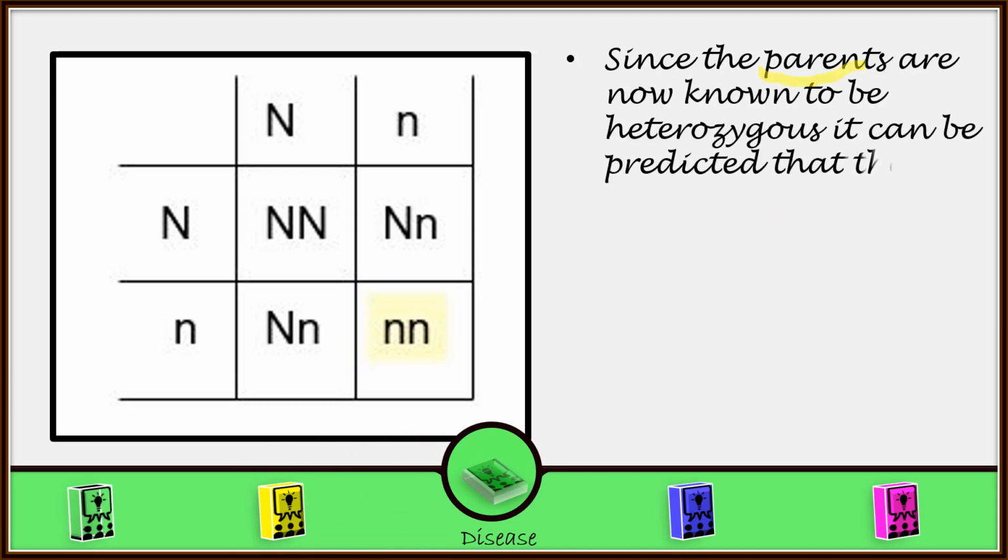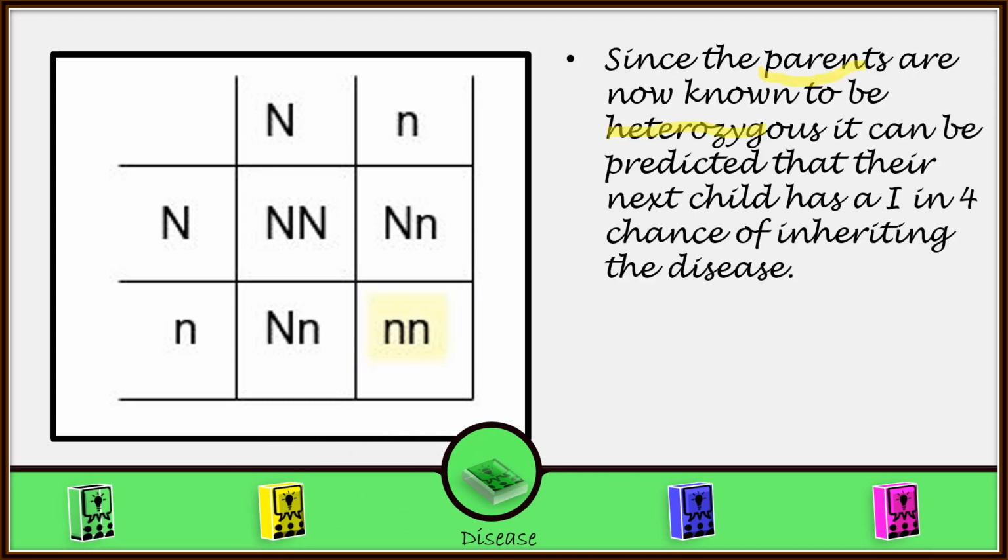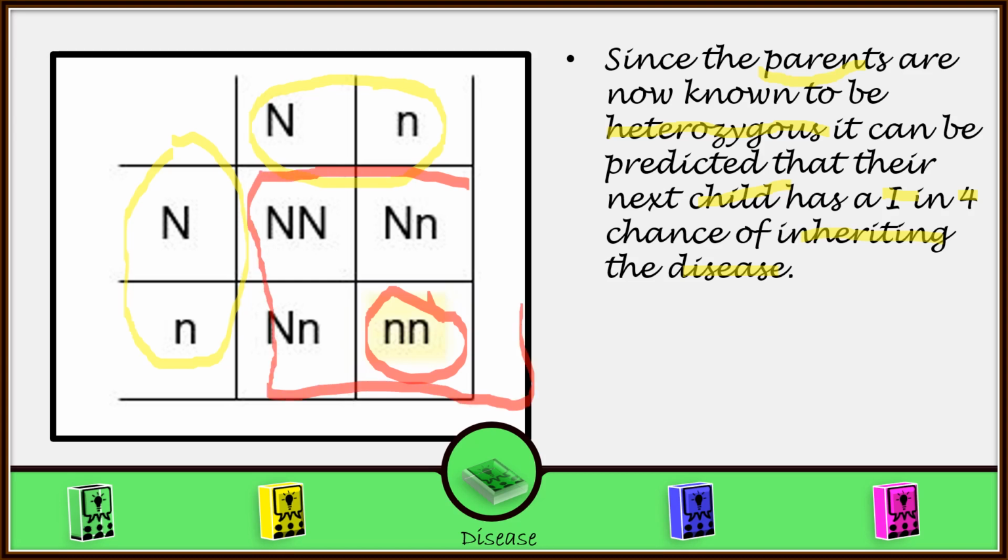Since the parents are known to be heterozygous, it can be predicted that their next child has a 1 in 4 chance of inheriting the disease. The parents are heterozygous. It means one of the four children is likely to inherit the disease.